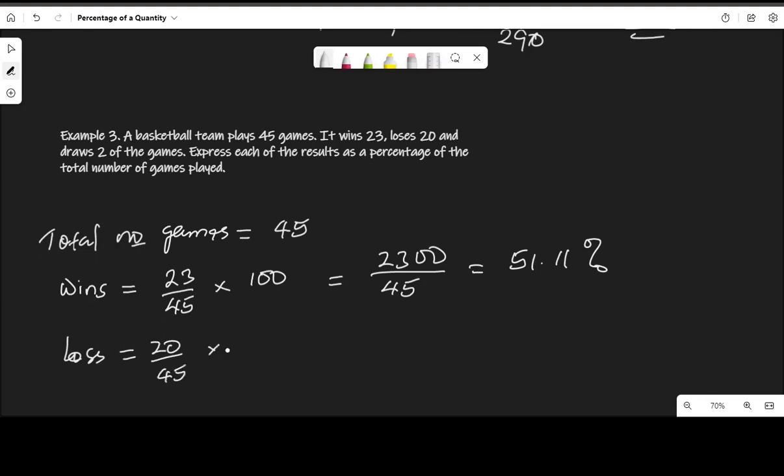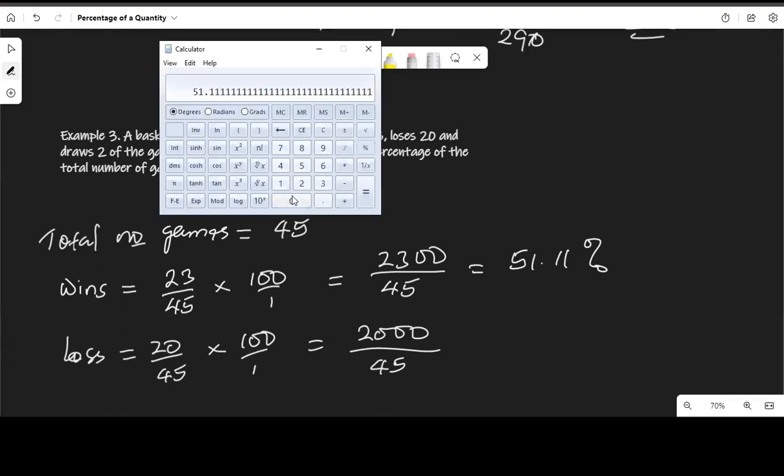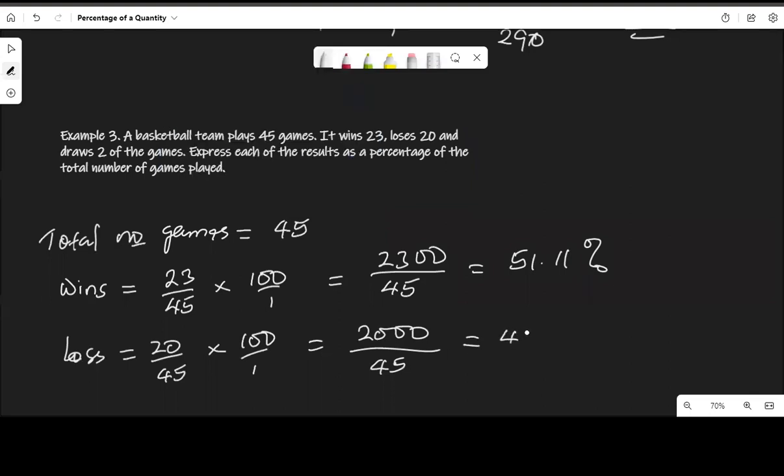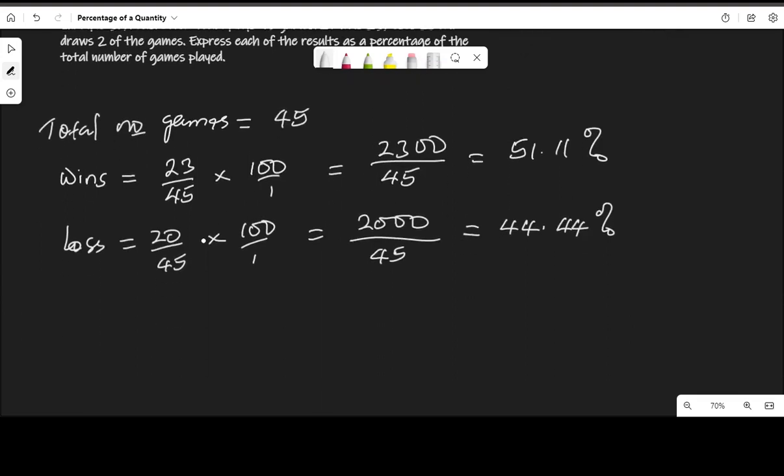Then as a percentage, that is times 100 over 1. 20 times 100 is 2000 over 45. 2000 divided by 45 is 44.44%.